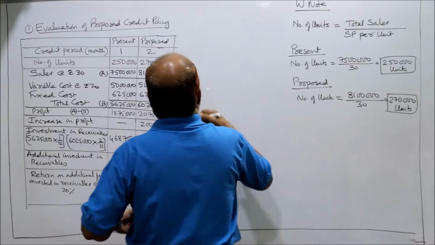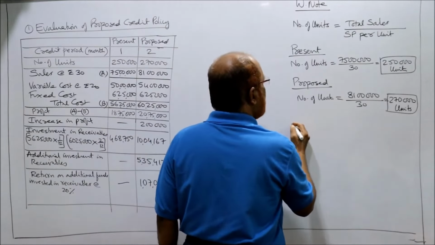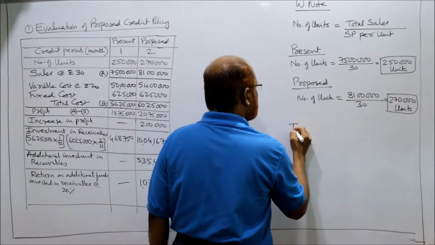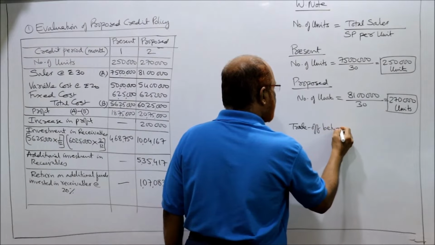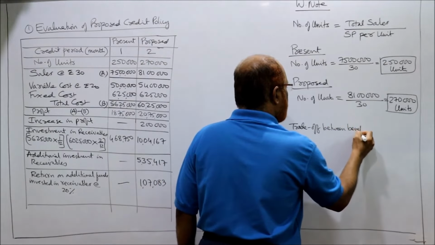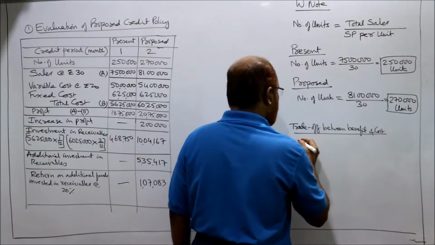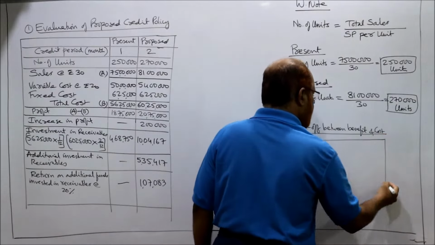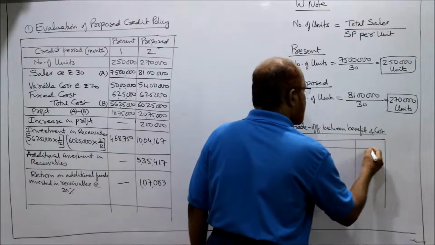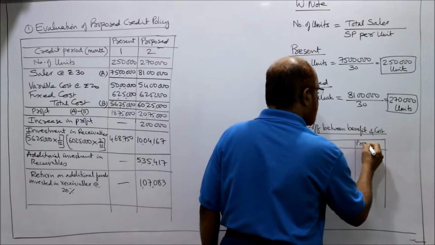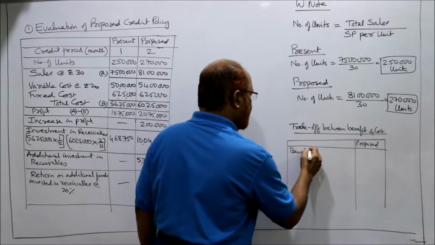Now we will make one table called trade-off. Here we will write on trade-off between benefit and cost. Proposed policy. Benefit.